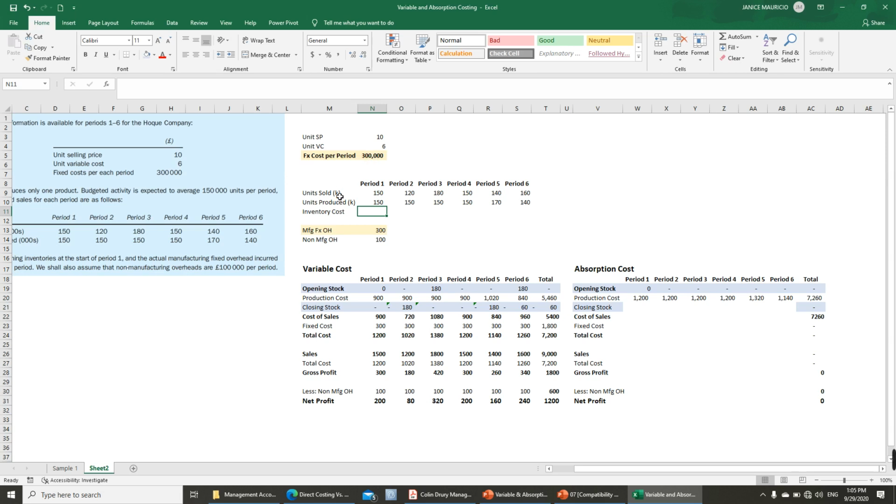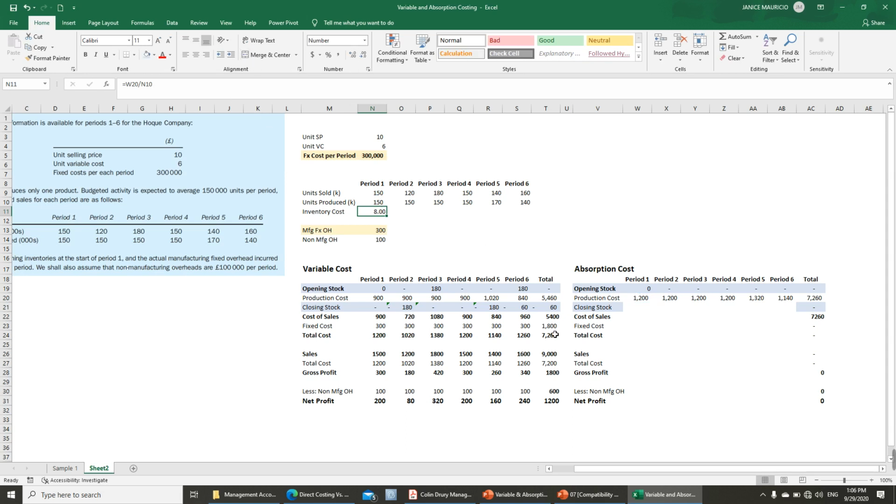So, in order for us to compute the total inventory cost, it will be the production cost, because the production cost is comprised of the variable cost component and the total fixed cost for the period divided by the units produced. Okay?